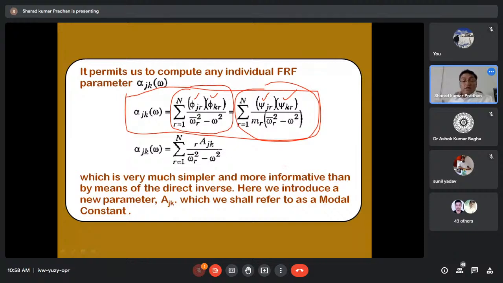What it shows is that in modal analysis, if you have FRFs, you will be in a position to find out omega r, natural frequency, mode shapes, and if damping is also involved, you will be able to find out damping factors.